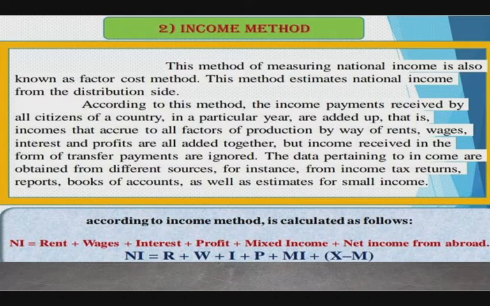That is, incomes that accrue to all factors of production by way of rent, wages, interest, and profits are all added together. But income received in the form of transfer payments is ignored.